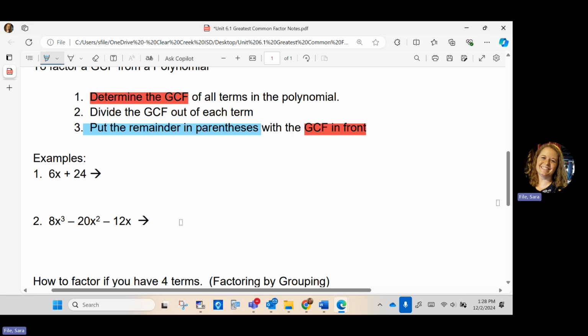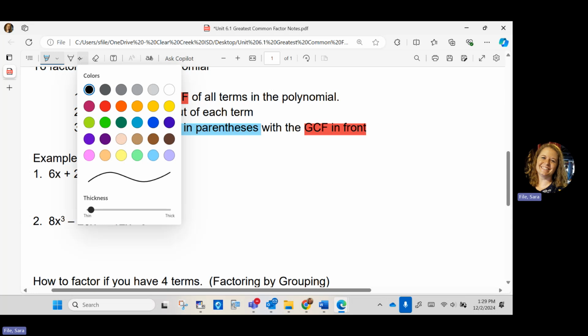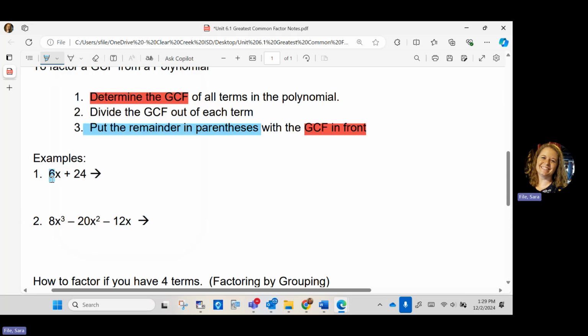Okay. So for number 1, I've got 6x plus 24. So 6x and 24 are my 2 terms. So what can I divide out? What can 6 and 24 both be divided by? They can be divided by 2, but is that the biggest number they can be divided by?